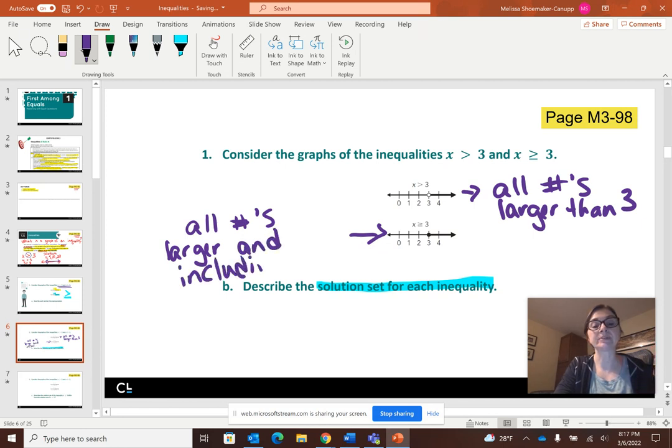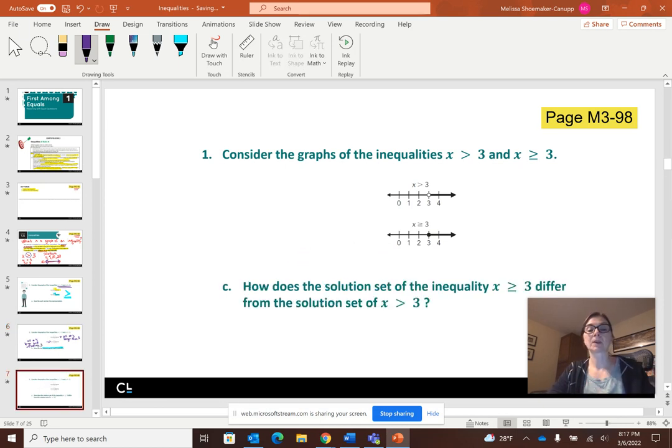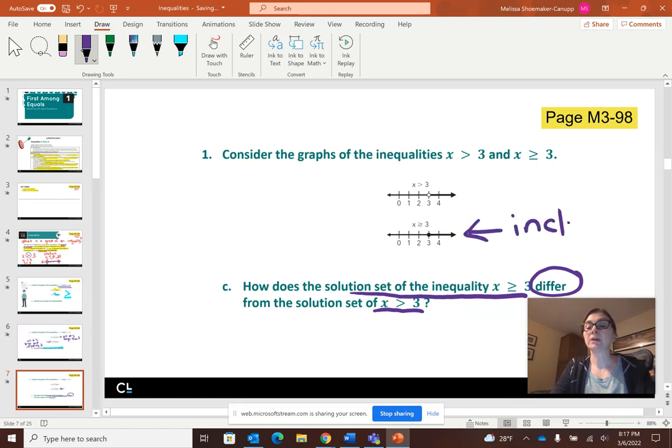That's the only difference. How does the solution set for the inequality x is greater than or equal to 3 differ? How are they different than x is greater than 3? Well, this one includes 3.